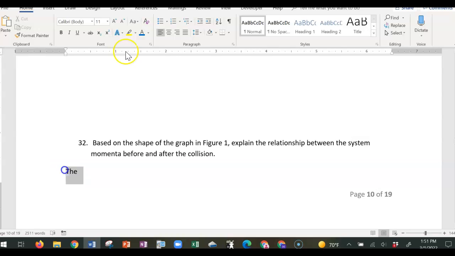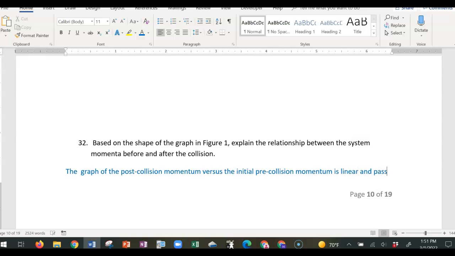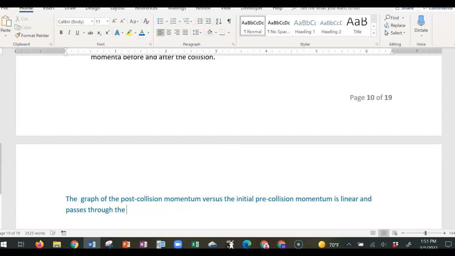So let's say that at step 32, the graph of the post-collision momentum versus the initial pre-collision momentum is linear and passes through the origin.